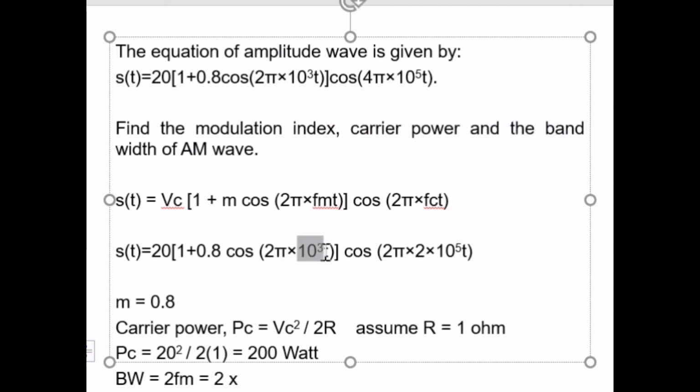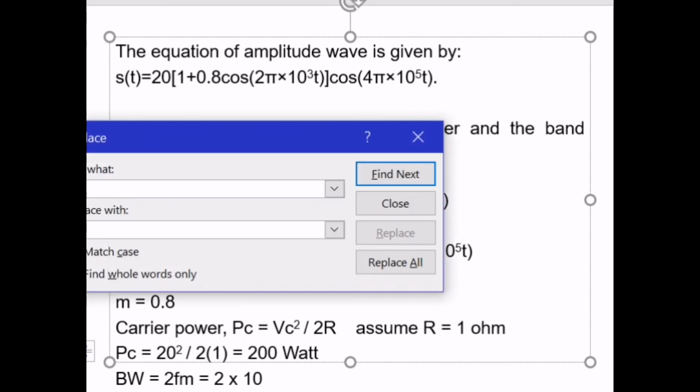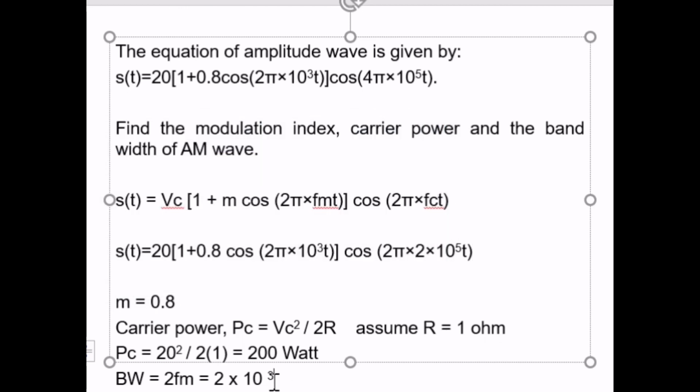So the value is 10^3 Hertz. Or we can say it is 2 kilohertz.